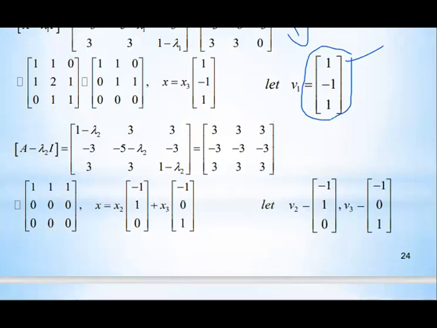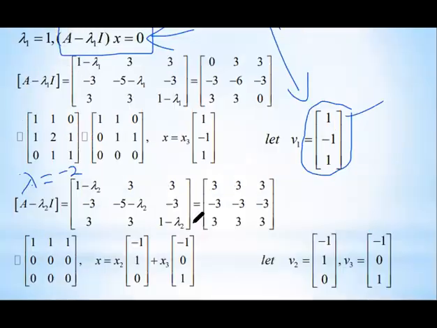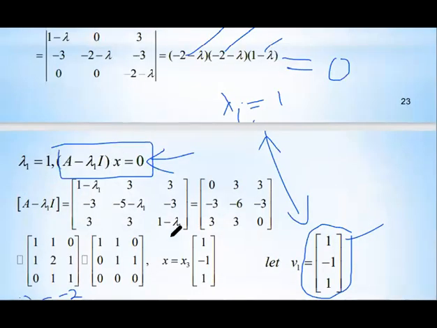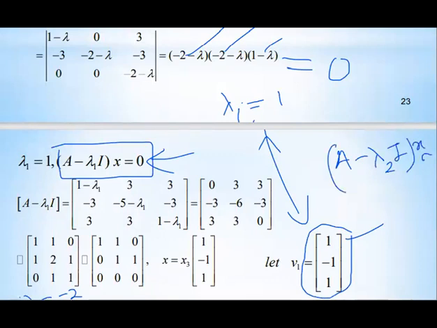So plug this in, and you have to solve this system here. When lambda is equal to minus 2, you get this kind of lambda I, and this is your homogeneous system.